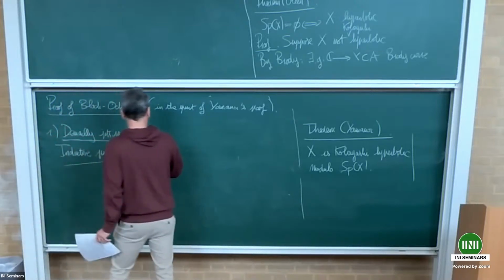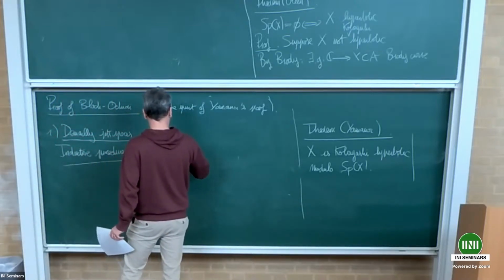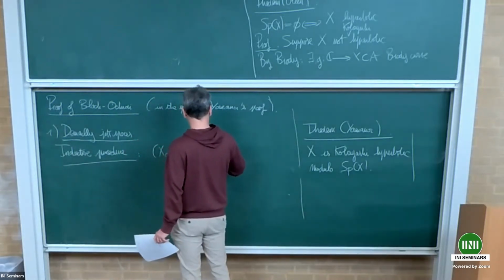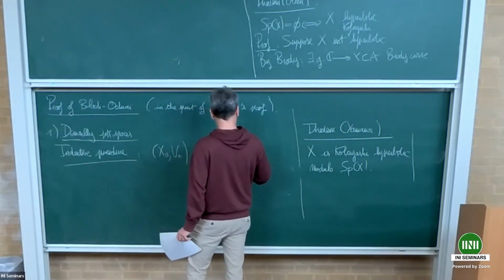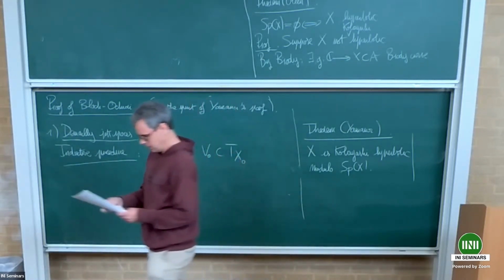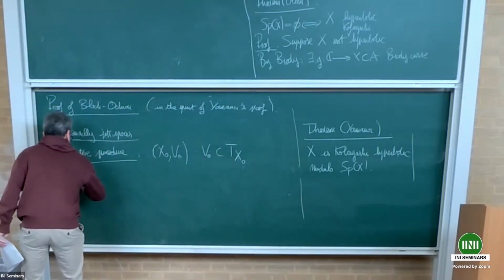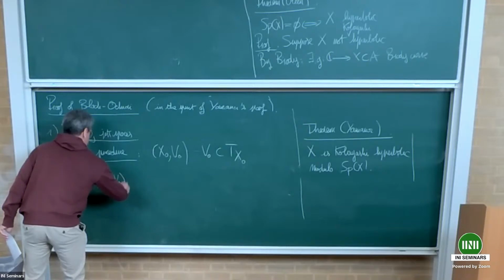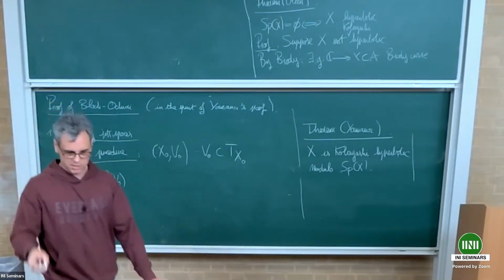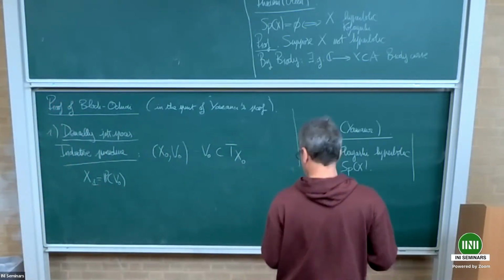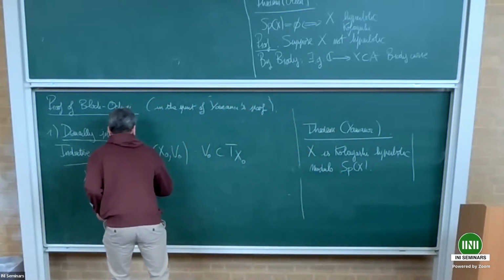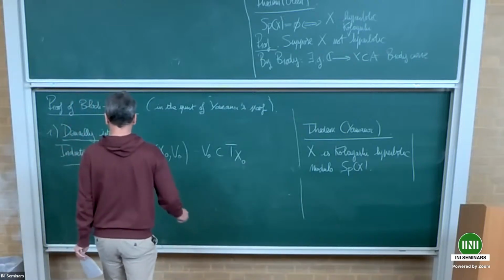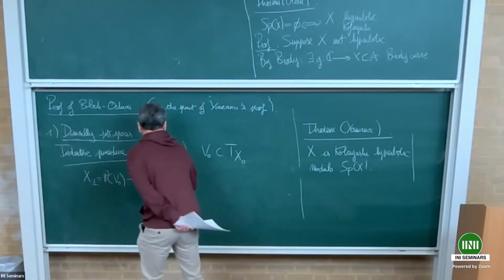I recall to you: you start with a pair. This is a complex variety, and this is a subbundle of the tangent bundle, right? And what you do is that on a pair, you construct a new variety, which is just the projectivized tangent bundle. Here is the projectivization. So we have a natural map here. And now you have to define a new pair for the induction.